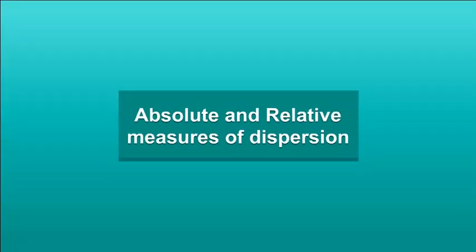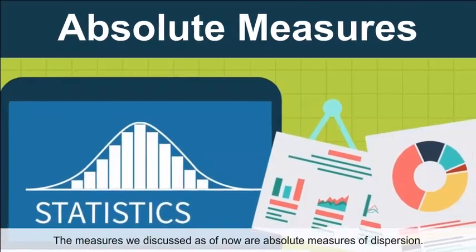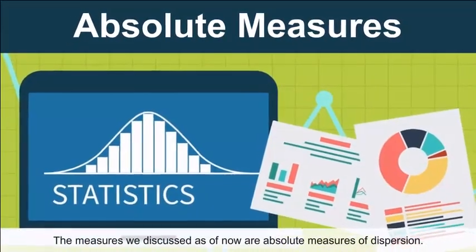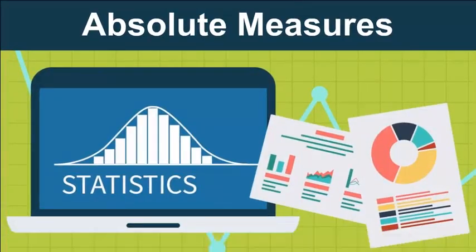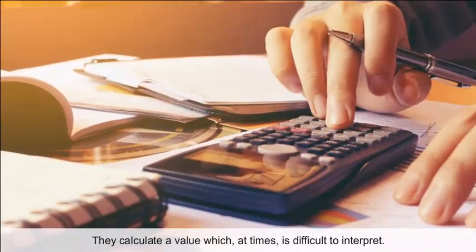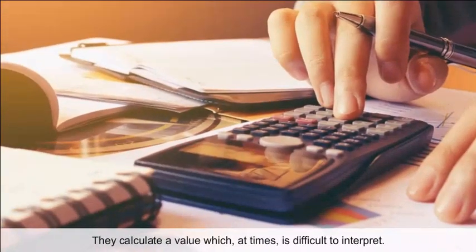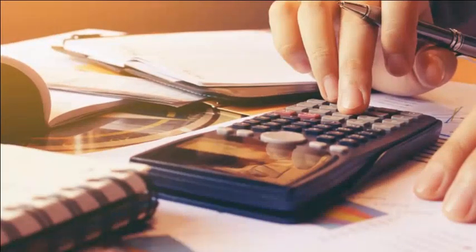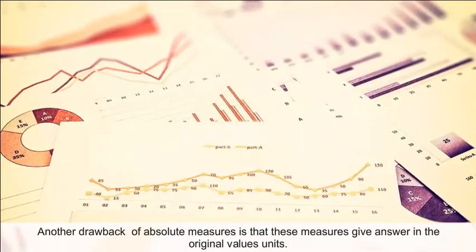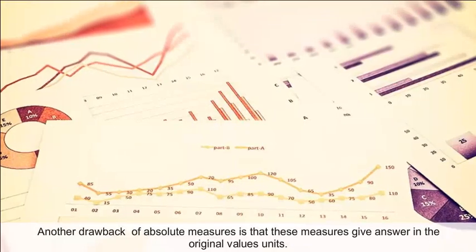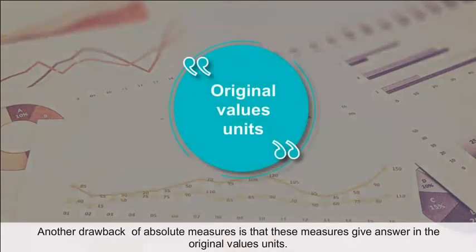Absolute and relative measures of dispersion. The measures we discussed as of now are absolute measures of dispersion. They calculate a value which at times is difficult to interpret. Another drawback of absolute measures is that these measures give answer in the original values' units.